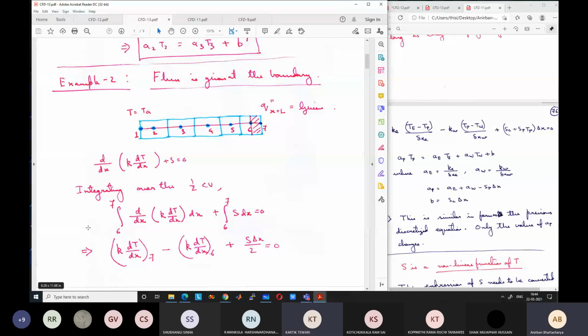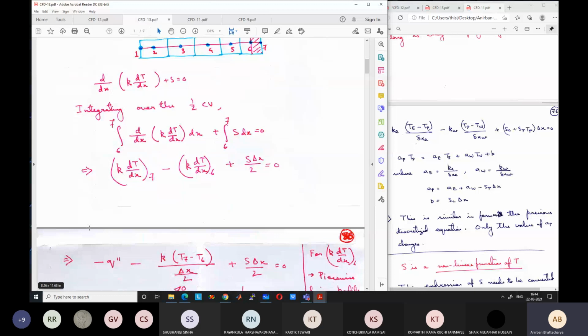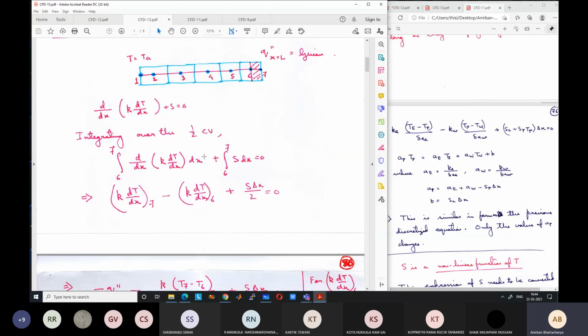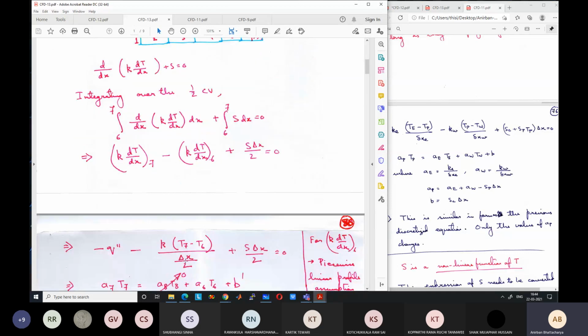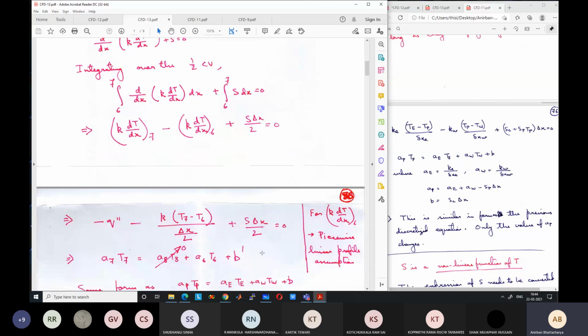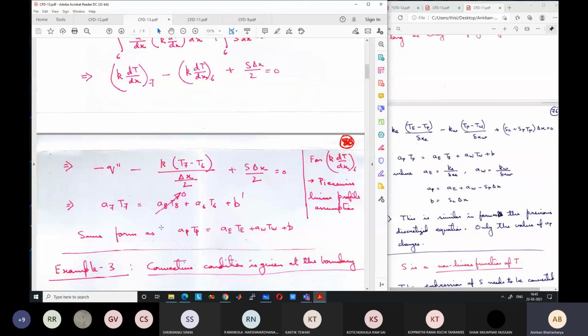Minus Q double dash, correct, good. Q double dash is minus K dT/dx at 7, so this will be minus Q double dash. So minus Q double dash minus K (T7 minus T6) by delta x by 2, plus S delta x by 2. Once you rearrange, you will have A7 T7 equal to A6 T6 plus B dash. There is no T8 term here.